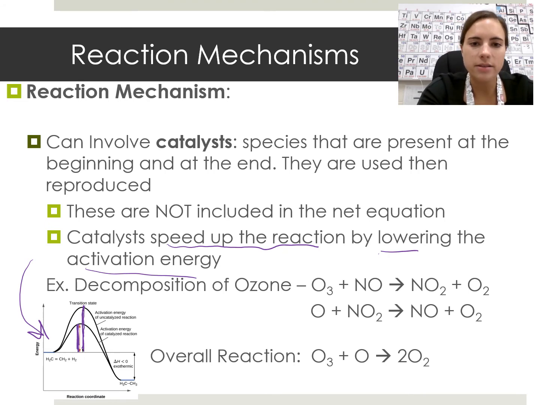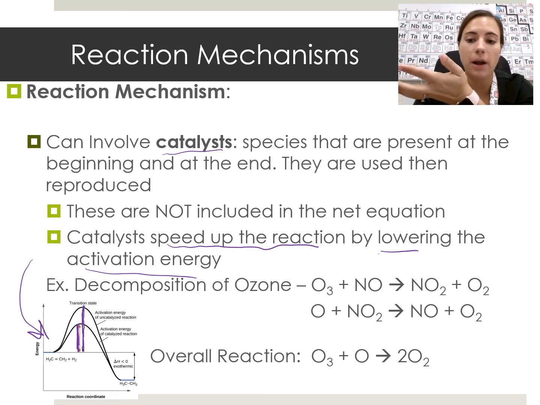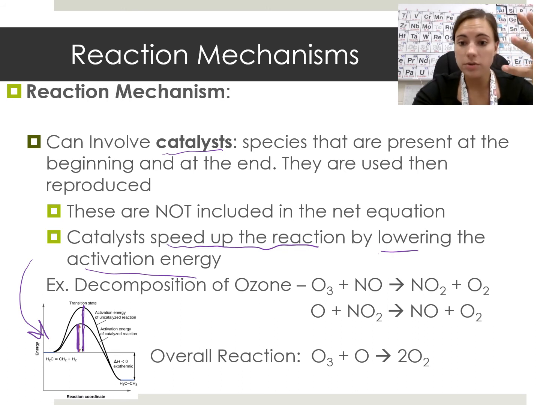So catalysts are species that are present at the beginning, but then they're also present at the end. So they get used up, but then they get reproduced. So if you remember from biology, enzymes are catalysts, and one of their characteristics is that they are reusable. So they get used, but they have to be reproduced so that they can go on and catalyze future reactions.